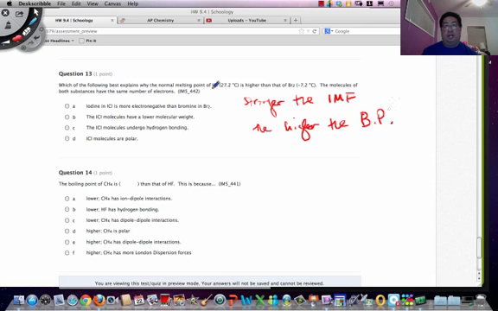So you have to decide what intermolecular forces hold up ICl versus Br2. You can start with polarity, and once you find out whether or not it's polar, you can identify the intermolecular force. So that should help you with 13.